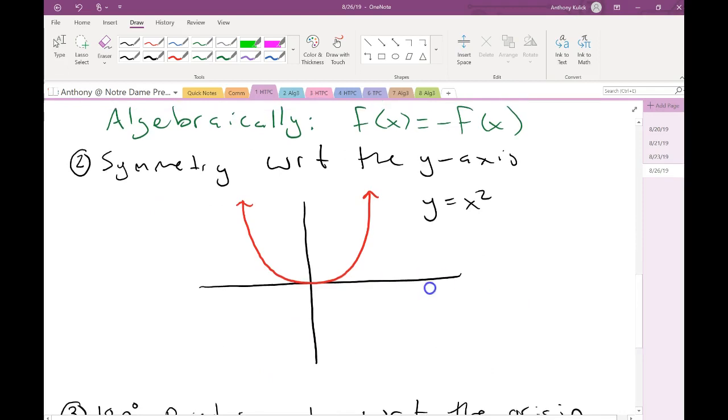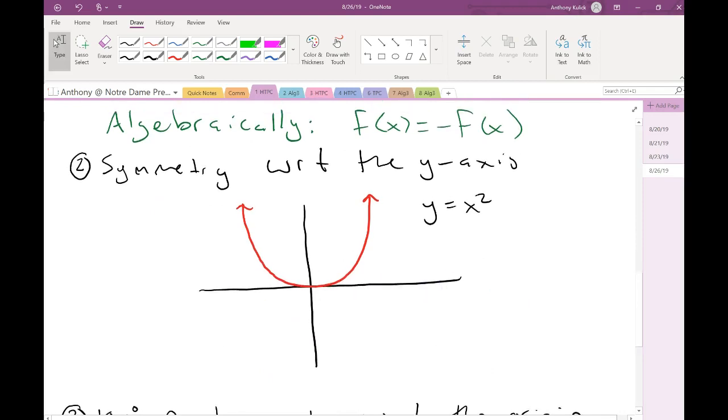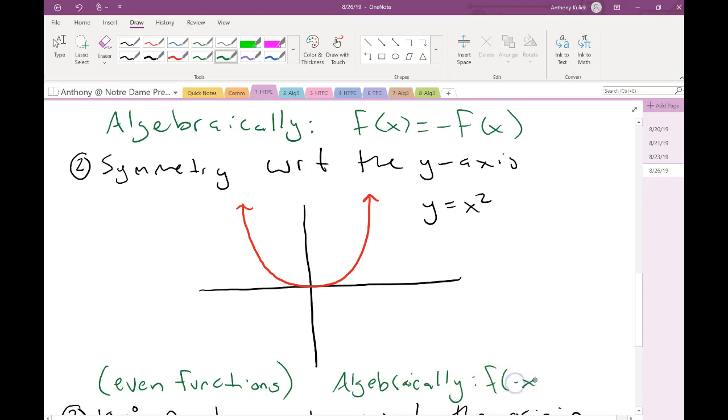When we talk about things symmetric with the y-axis, we call these even functions, and algebraically, we have that f of negative x equals f of x.